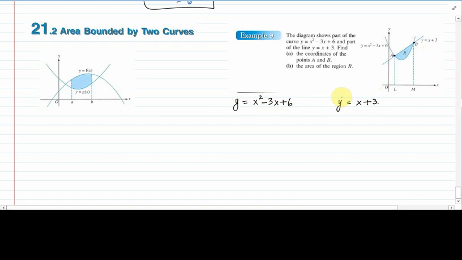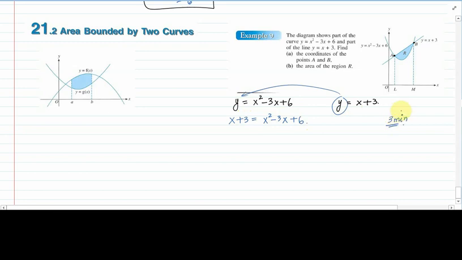If I place the value of y, it will be x plus 3 equals x square minus 3x plus 6. Now you need to solve it simultaneously, right? Find out the values of x. You will get two values of x, and with those two values you will get two values of y. So first give it a try, and to complete this question you have a time of 3 minutes to find out the coordinates of A and B.